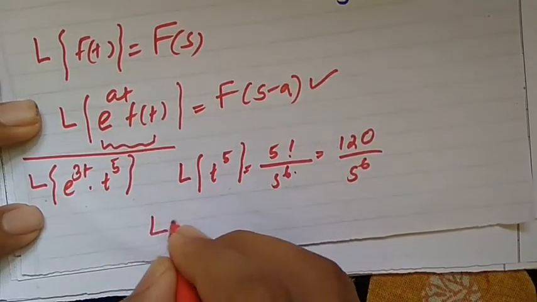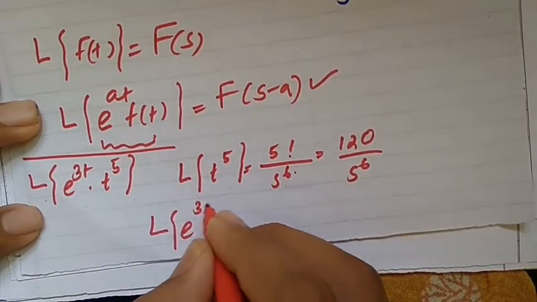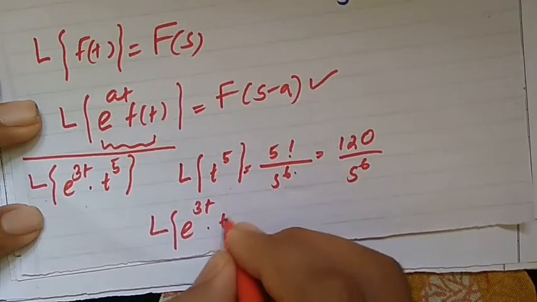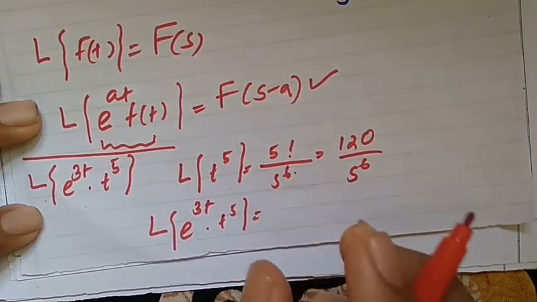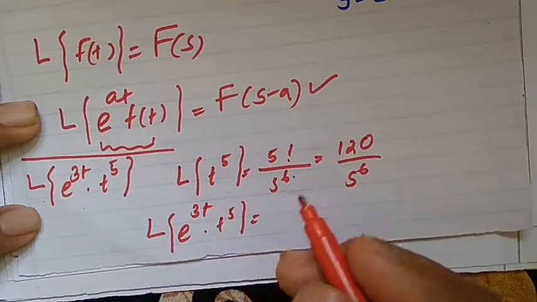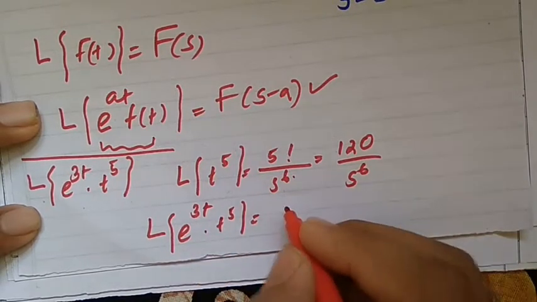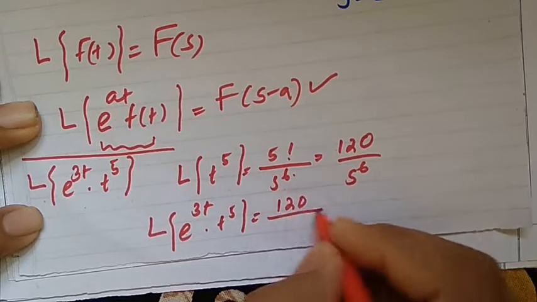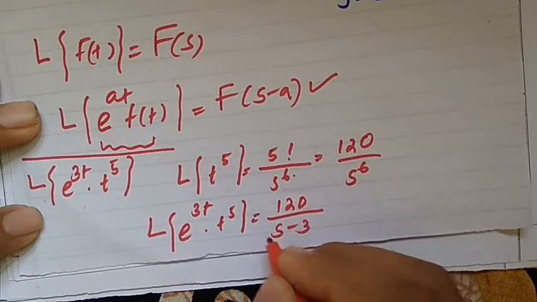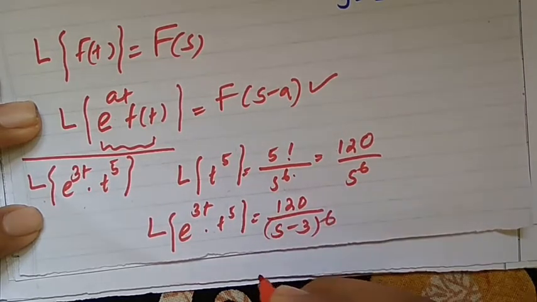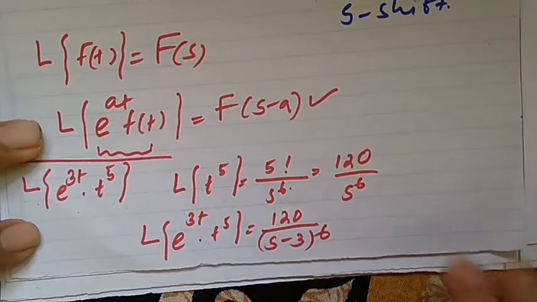So the Laplace transformation of e to the power 3t into t to the power 5 will be, replacing s with s minus a, that is s minus 3, 120 by (s minus 3) to the power 6.